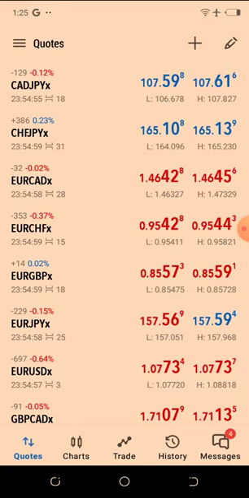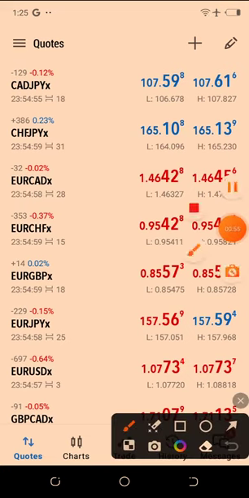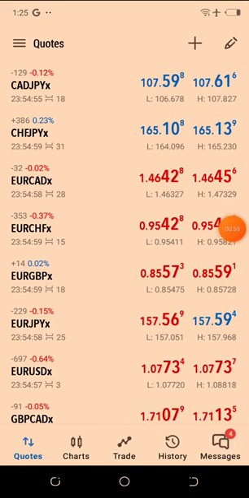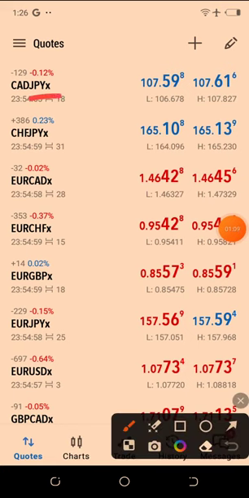The first 2 letters come from the name of the country, while the last letter is the exact currency. If you look at this, we have CAD, we have JPY. What does CADJPY mean? It means CAD, Canadian dollar, JPY, Japanese yen. So these are Forex pairs.